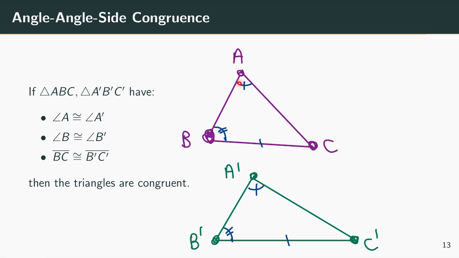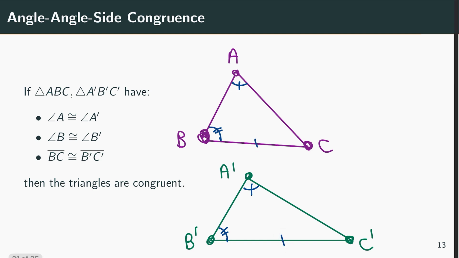Finally, there's the last of our congruence theorems, which is the angle-angle-side congruence. So this says if I have two angles that are pairwise congruent to the second triangle, and the side that follows them is congruent, then the two triangles are congruent.